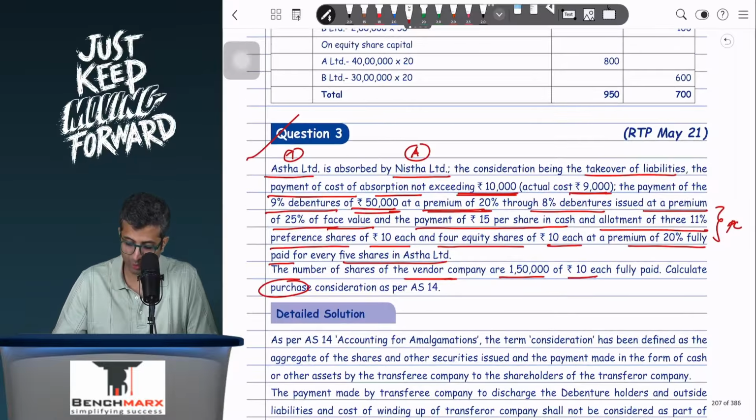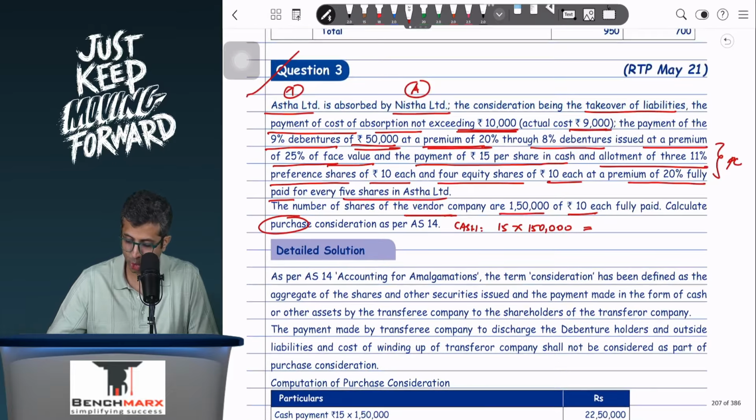Now as per AS 14, you have been told that your PC will comprise of cash paid, which is 15 per share in cash, 15 into 1,50,000. An allotment of 3 preference shares of rupees 10 each and 4 equity shares of rupees 10 each at a premium of 20% for every 5 shares in Astha. So over here is 22,50,000 of cash.